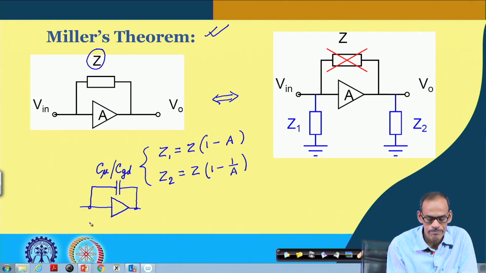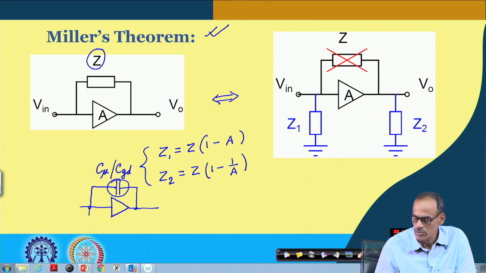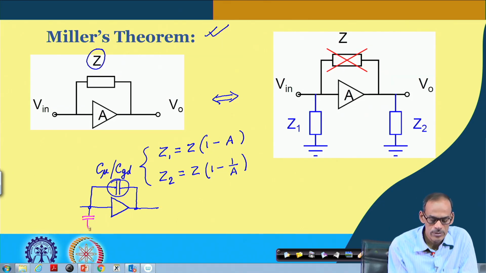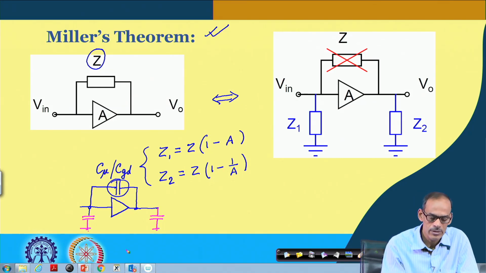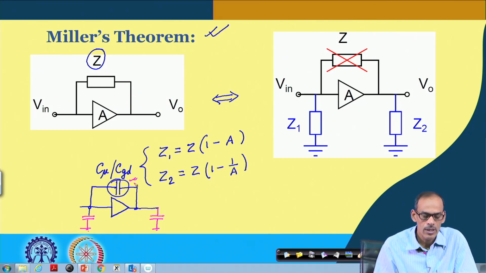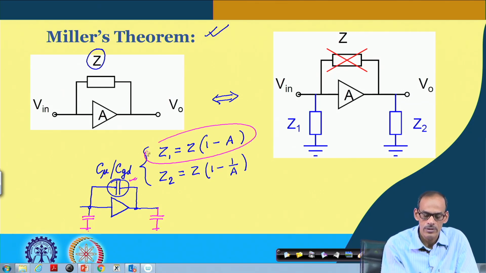It can be split into two parts, one for the input port, another for the output port. In the next slide we consider a special case of this Z, we consider it as C, and find the corresponding equivalent capacitance here and here.